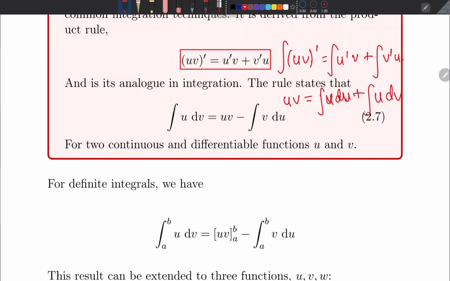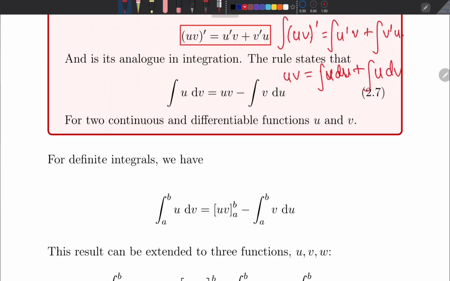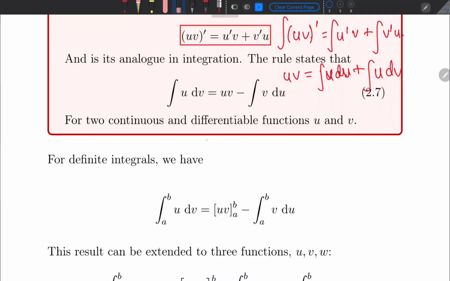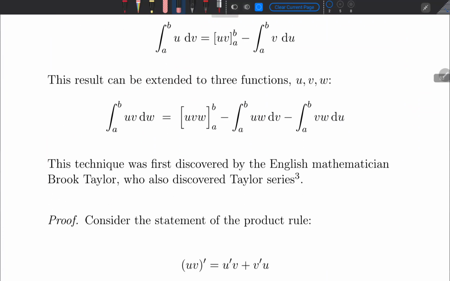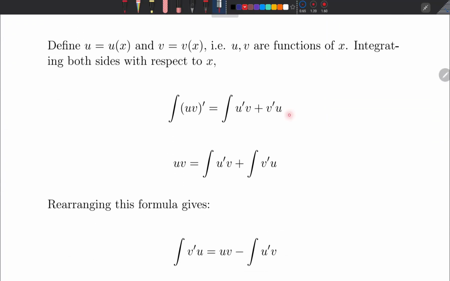And from here, if you isolate the integral of u dv, that's going to give us the integral of u dv equals uv minus the integral of v du. So I think this is right, I'm not sure, I just did something that I have seen somewhere. Okay, I think here it is.